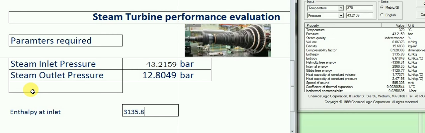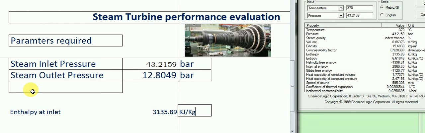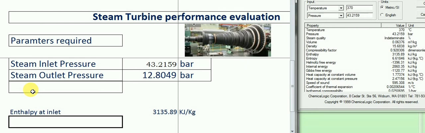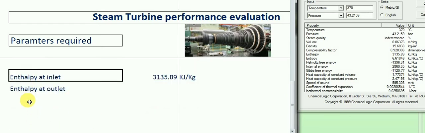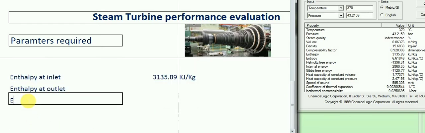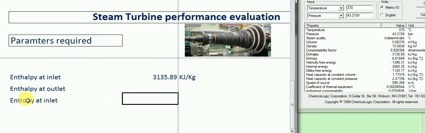Enthalpy at outlet we want to calculate, and the entropy at inlet we can also note down: entropy at inlet is 6.61846 kilojoule per kg degree centigrade.